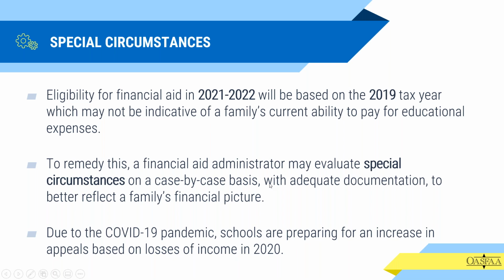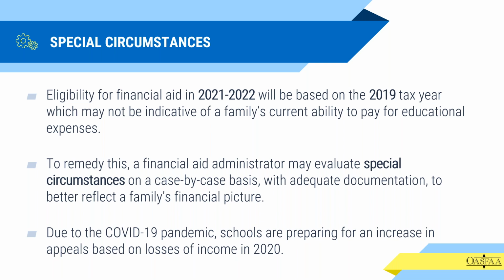Eligibility for financial aid for 21-22 is automatically based on 2019 income, which may not be a true picture of where a family is currently standing, as far as loss of income, loss of jobs, things that have happened in the past year and a half.